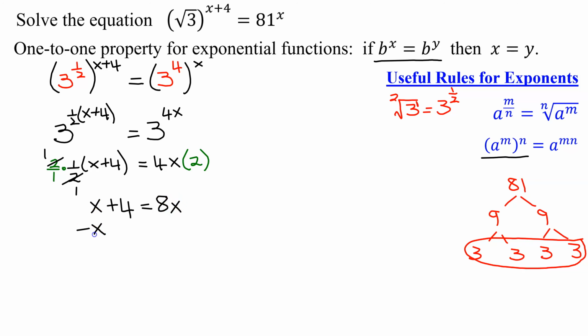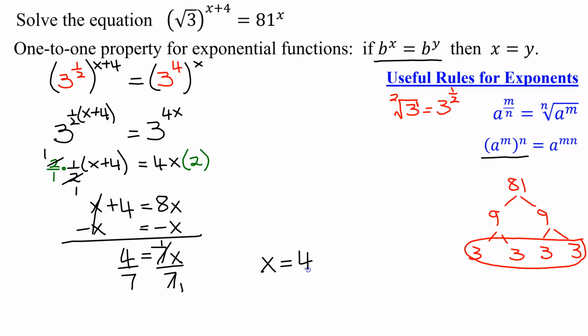Subtract x from both sides. I get 4 equals 8x minus x is 7x. Divide both sides by 7. So I get x equals 4/7.